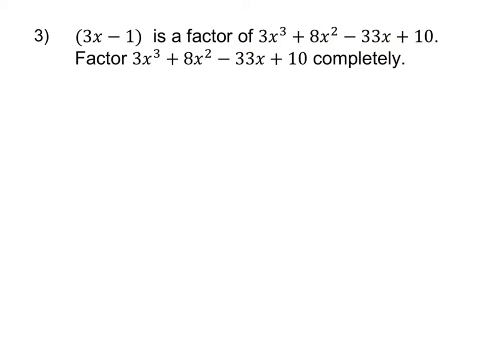That means that 3x minus 1 times something would get me 3x cubed plus 8x squared minus 33x plus 10. Basically, in the first step of factoring this polynomial, we should have 3x minus 1 times some other factor.